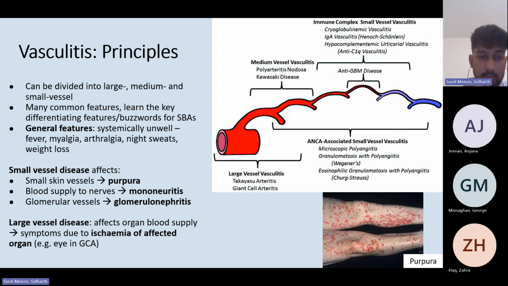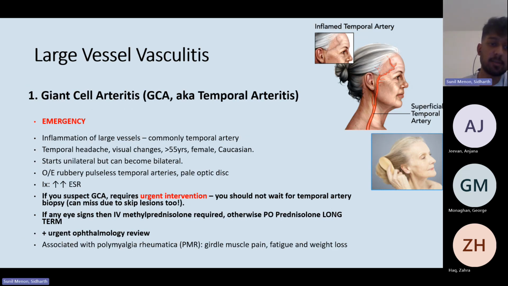There's a massive overlap between some of these, like HSP and glomerulonephritis, like IgA nephropathy, for example. It can affect the blood supply, causing ischemia of the affected organ, which is a thing in GCA. That's why it's an emergency, so you want to prevent blindness.